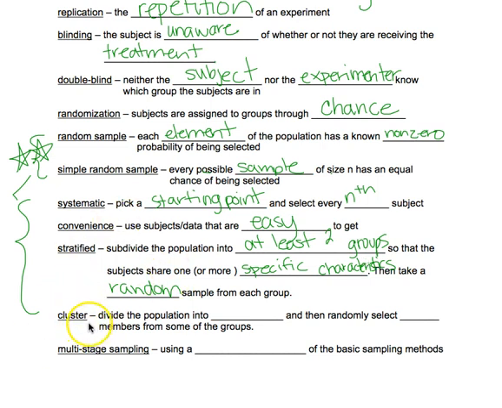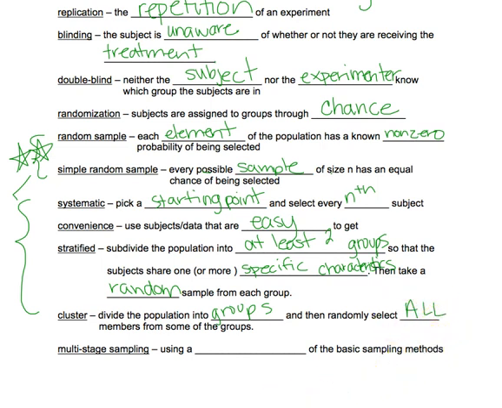Cluster sampling, we also divide the population into groups the same way, so they have a specific characteristic. So let's just use the same example. I divide the people in our class by grade level, but then I randomly select all the members from some of the groups.